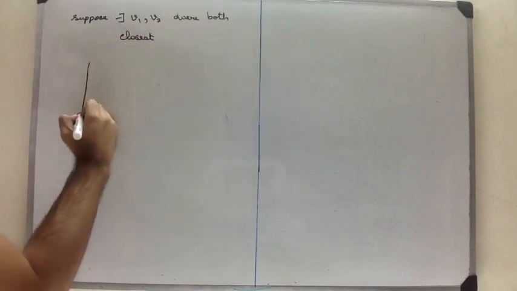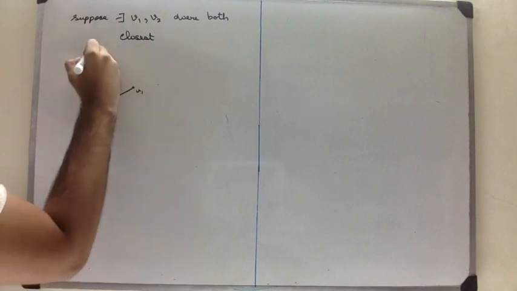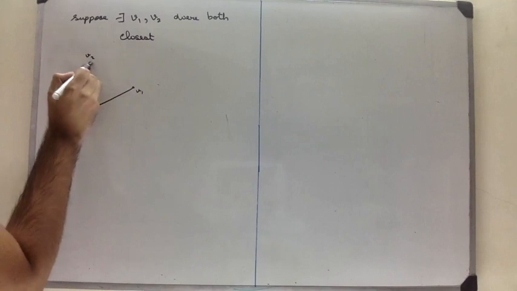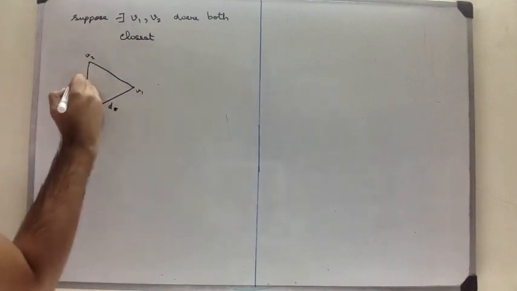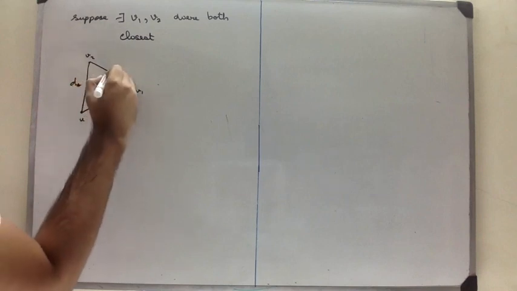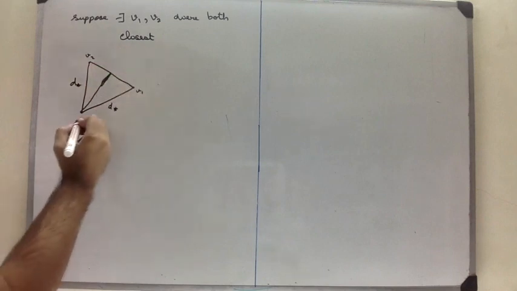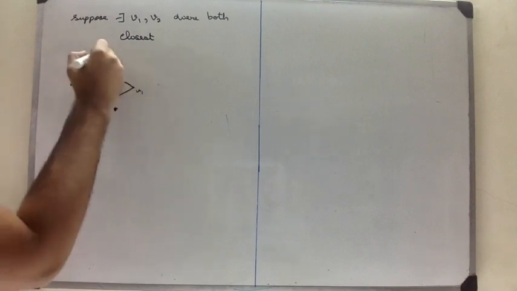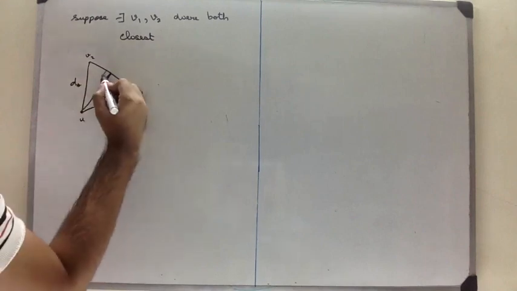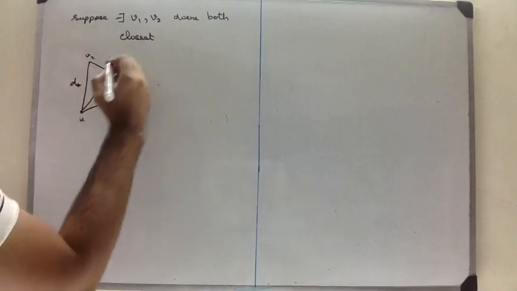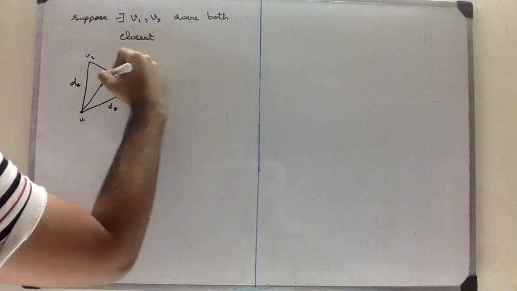Then if you look at this triangle formed by U, V1 and V2, this is an isosceles triangle because by assumption both distances are d star. Then if you look at the perpendicular bisector of the line connecting V1 and V2, because it's isosceles, this angle is a right angle. This point is V1 plus V2 by 2, the midpoint.